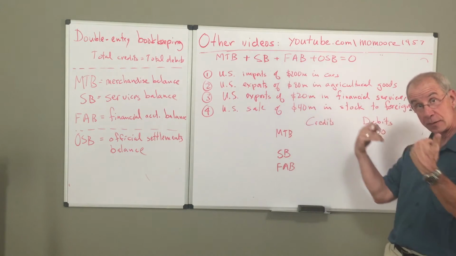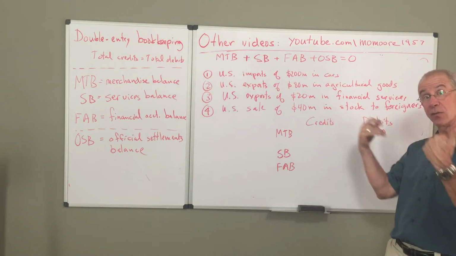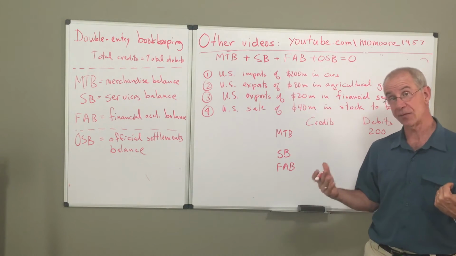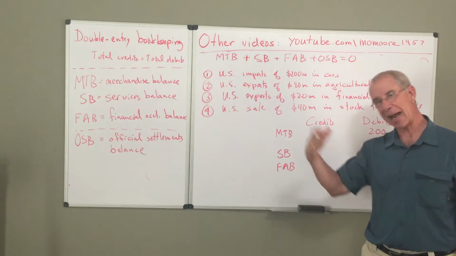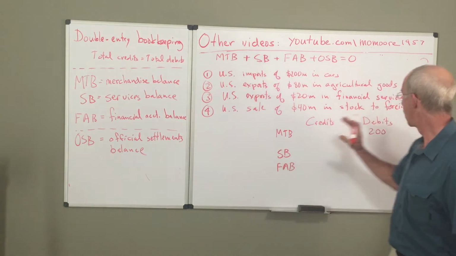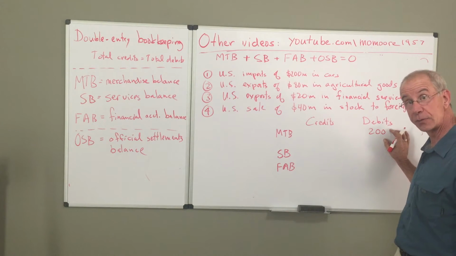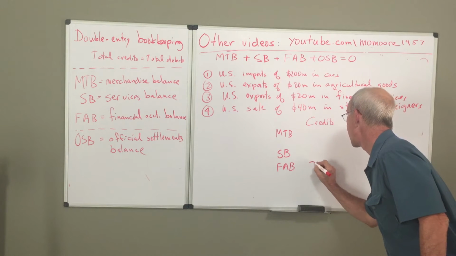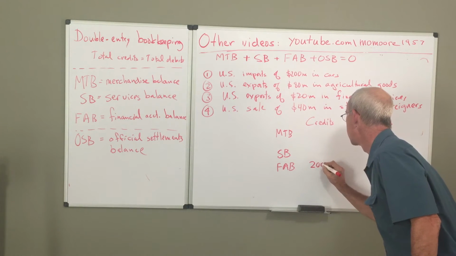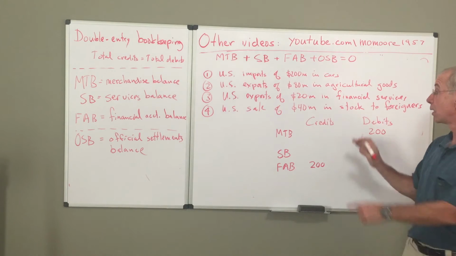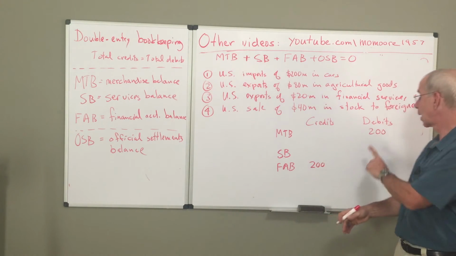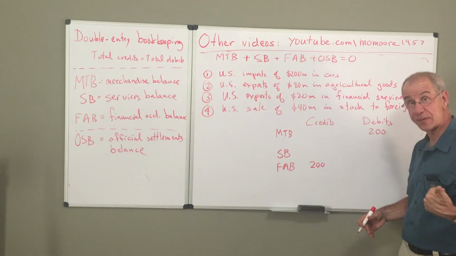That's the actual recording of the value of the cars coming in. But those cars have to be paid for, essentially by exporting a check equal to $200 million. So that's the $200 million credit, because you export the check for the importation of the physical cars.